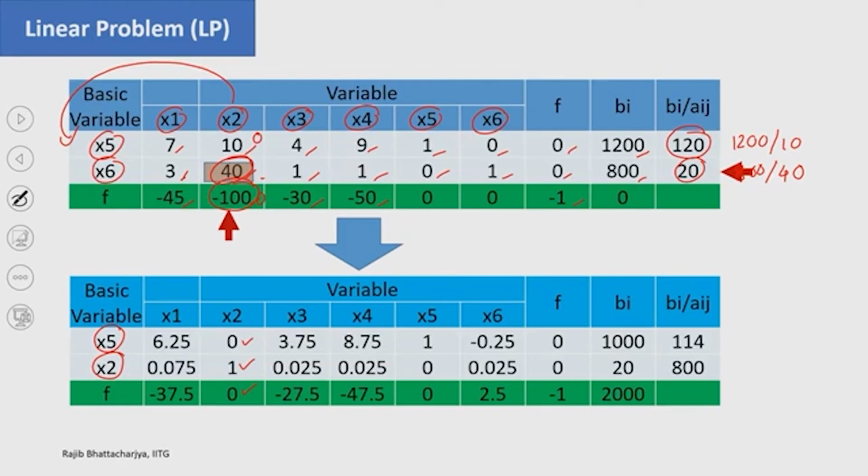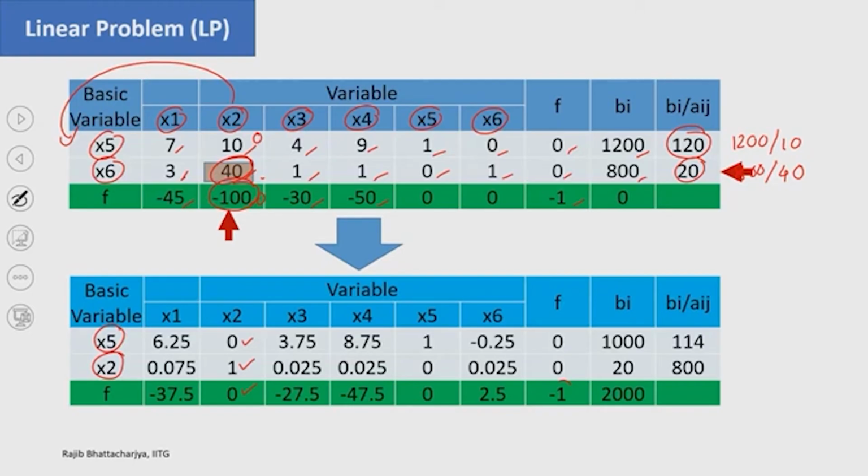So, what is the solution now here? I can say that x 5 equal to 1000, x 2 equal to 20 and the objective function value is minus 2000. Now, what you have to check? We have to check whether there is any negative coefficient in the objective function row.